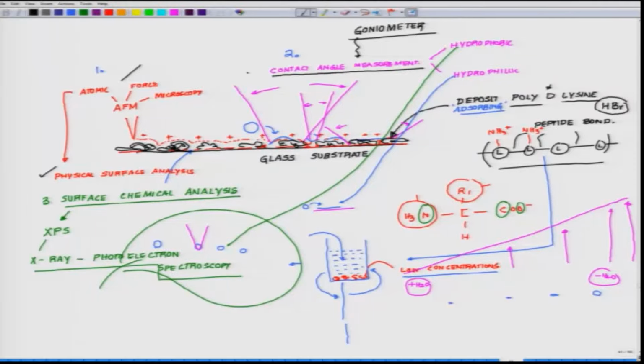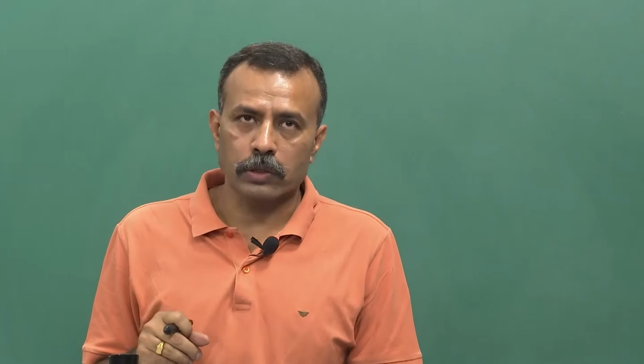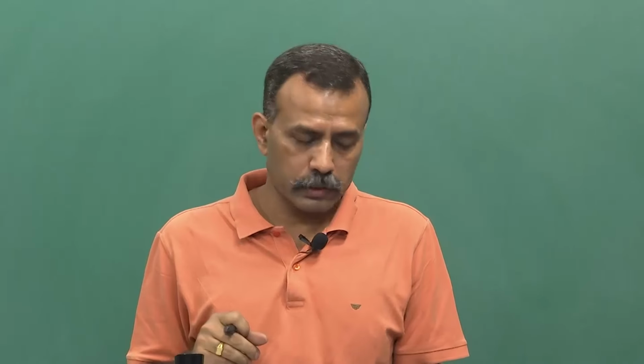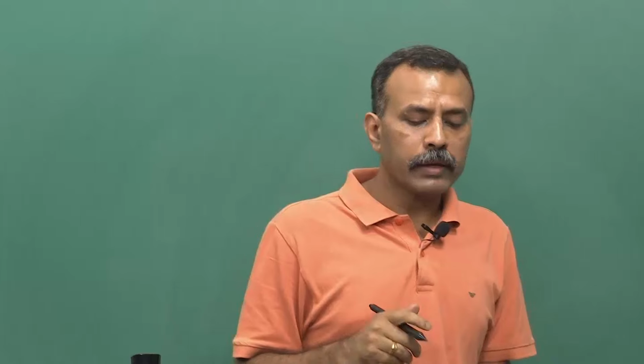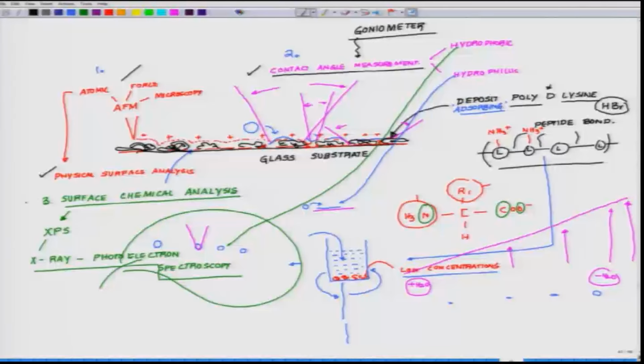You have contact angle measurements which will tell you the interactive behavior of the material in the presence of water or aqueous system, and you have a surface analysis, both quantitative and qualitative.